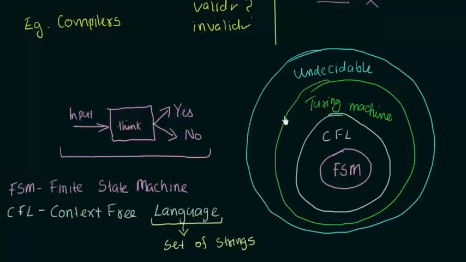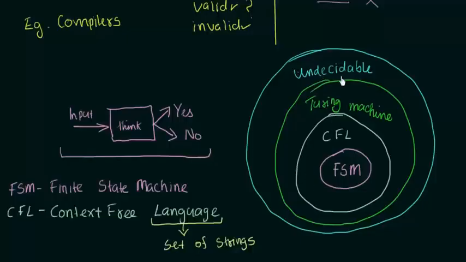It is because problems that cannot be solved mechanically fall under this undecidable layer. For example, some time back we saw an example of a problem that could not be solved mechanically. Those kinds of problems fall under this undecidable layer.